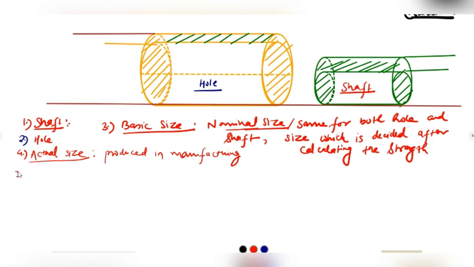Now next comes the limit of size. There will always be some limits defined for a particular product or component. There will be a maximum limit and a minimum limit.